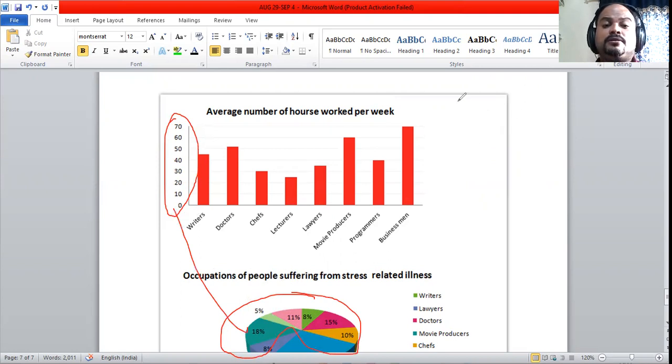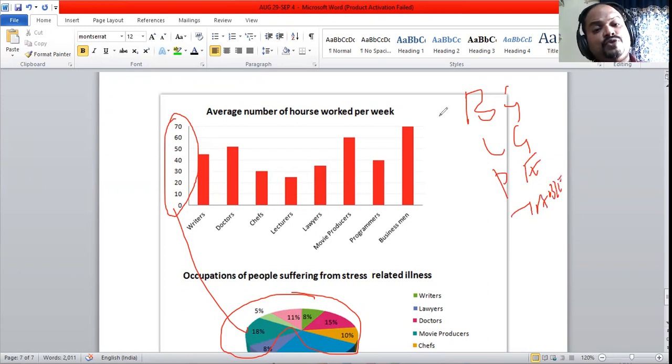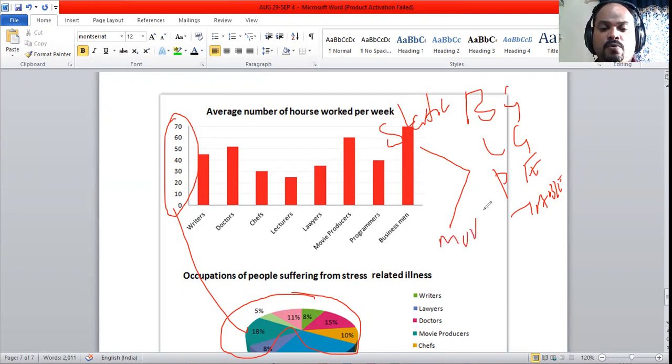In this bar graph, line graph, pie chart, and table, we have two types. One is static, another one is movement. So what is a static chart and what is a movement chart? This is another challenge here.